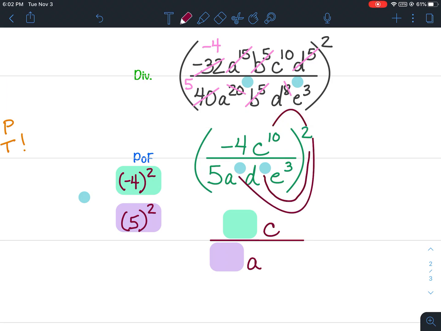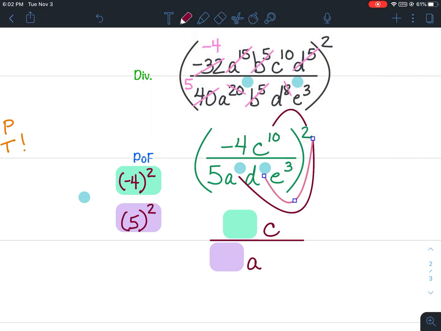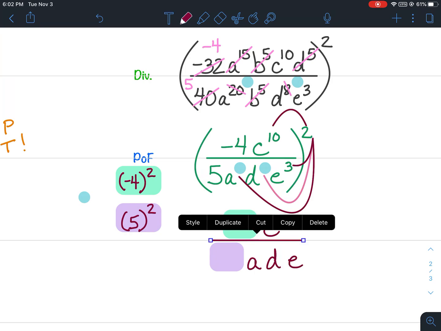Then we'll take the exponent for the d, multiply it times the 2 to get the exponent for your d term. And then 3 times 2 to get the exponent for your e term.